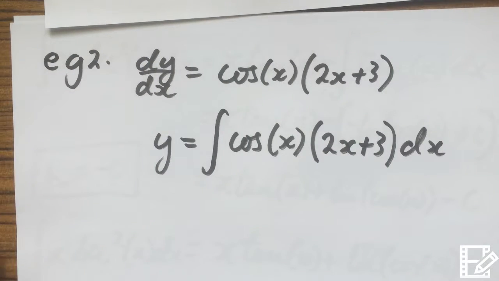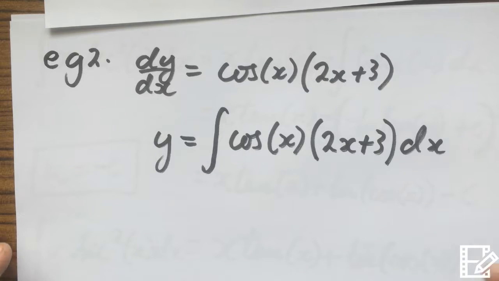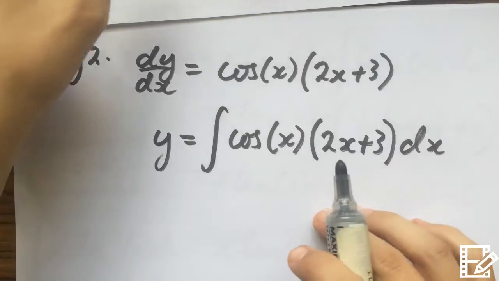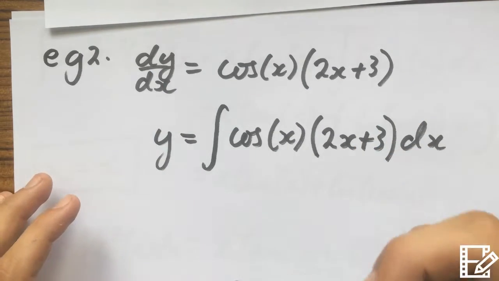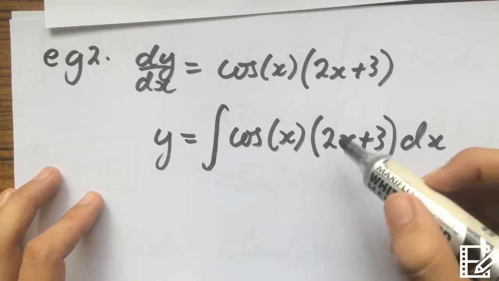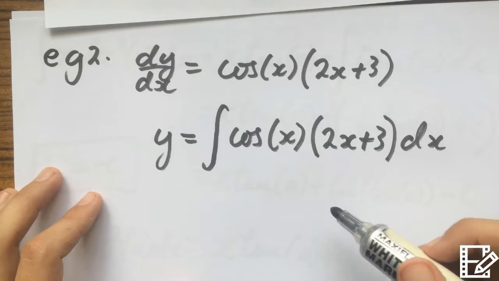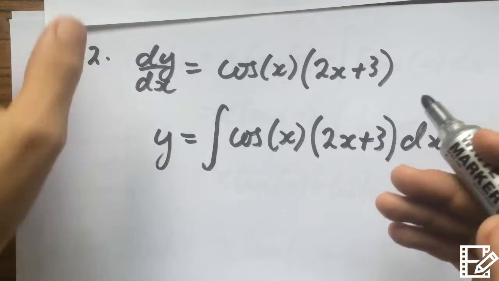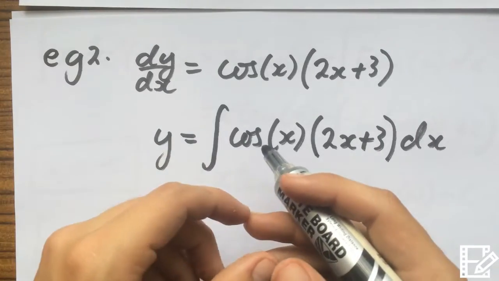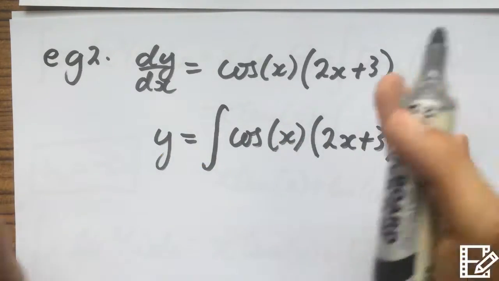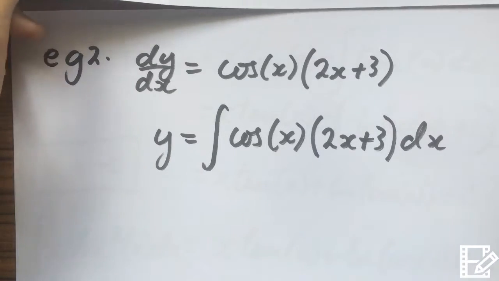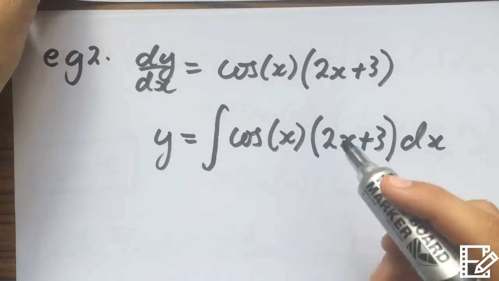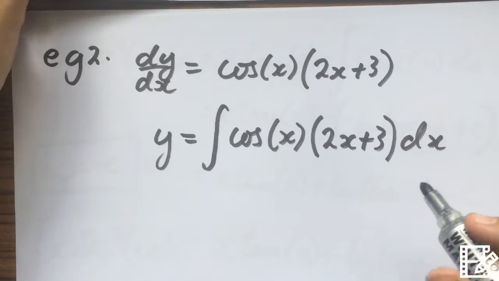Just like before when I said you want u to be the one that, when derived, simplifies. Cos, if you derive that, you would get negative sine. If you derive this, you get 2. Which is more simplified? Negative sine is actually making it bigger, so it's not really, it's just changing it. It's not changing it, not in a good way. It's not simplifying it. When you derive this, it's simplified.